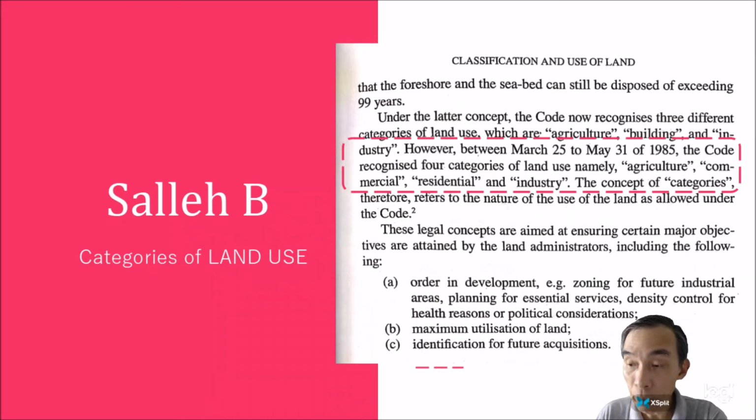When you handle some of these sales of property, you need to be careful. If it is a land title which is silent on whether it's commercial or residential, better confirm with the authority, because a commercial land title attracts more taxes.